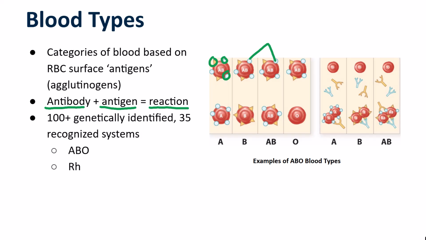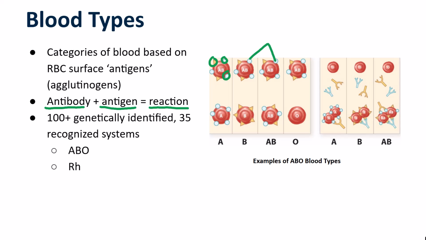And that immune response might be agglutination. It may also be a complement response, whereby the antigen and anything in its vicinity are destroyed by the immune system. So there's a variety of ways that the immune system can deal with potential pathogens, i.e. antigens, by means of antibodies.